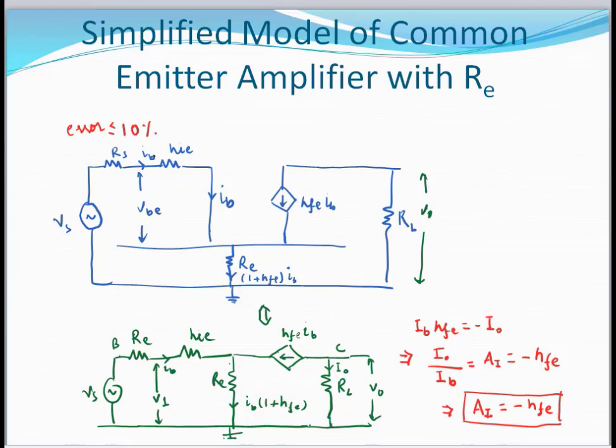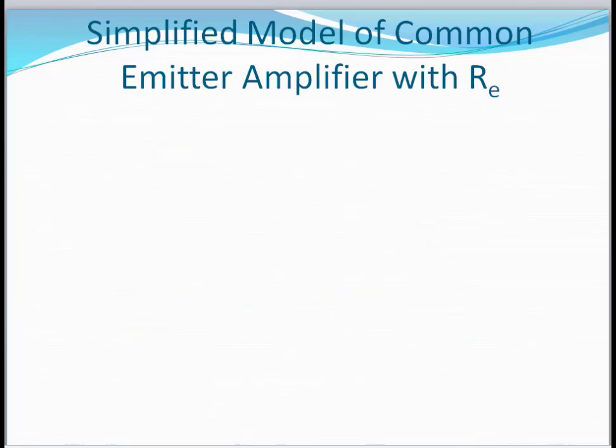Now further we can calculate the input resistance. RI is equal to V1 by IB.